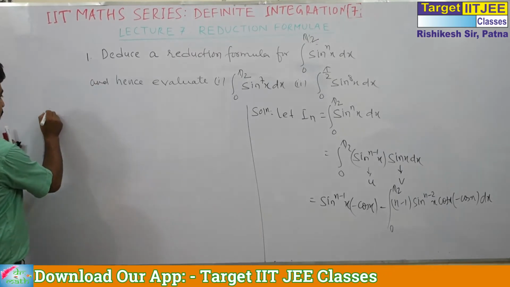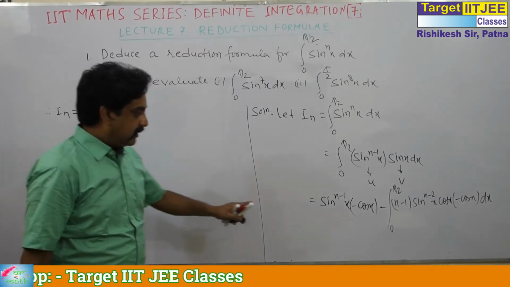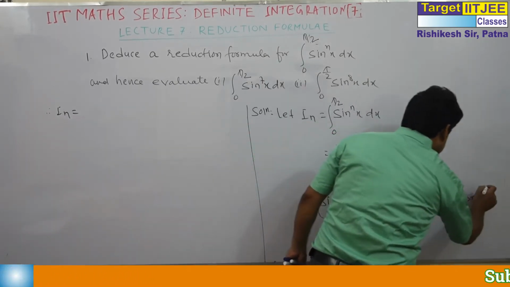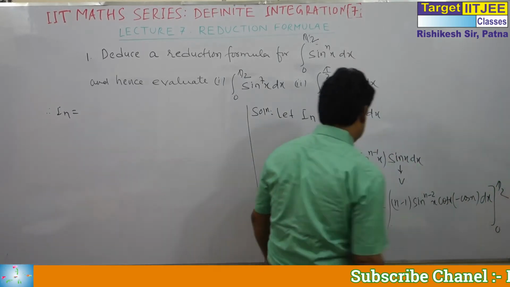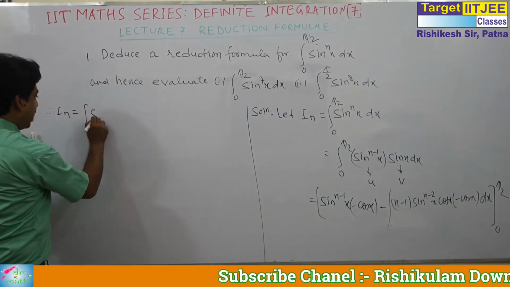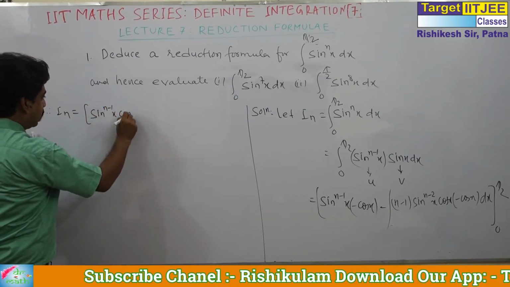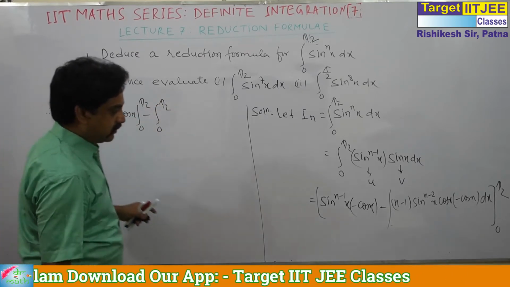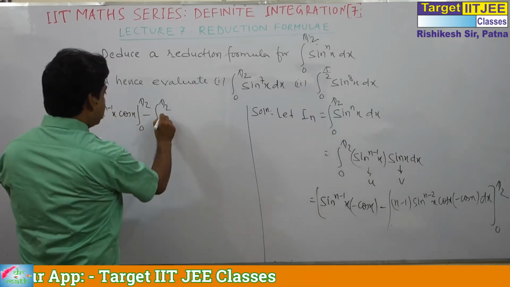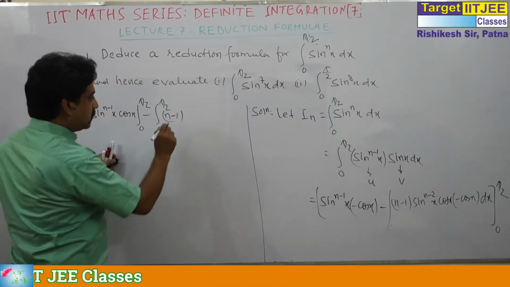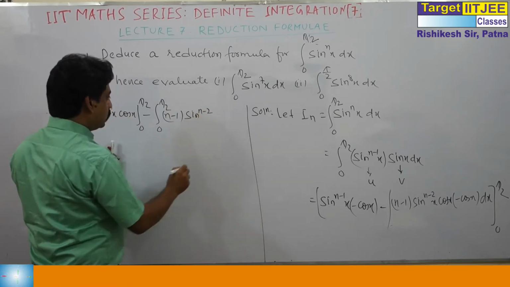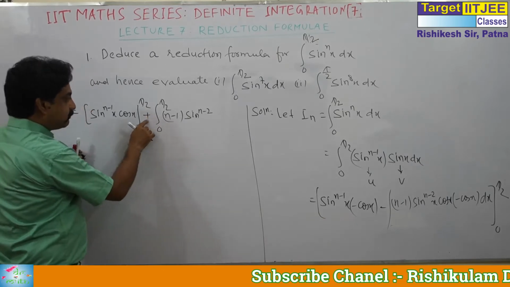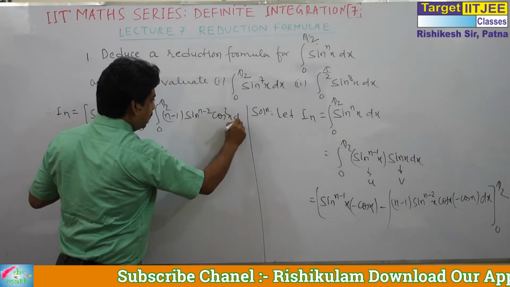Now, therefore, what is In? First of all, take this one, from 0 to pi by 2. This is sine to the power n minus 1 x cos x from 0 to pi by 2, minus the integral from 0 to pi by 2 of n minus 1 (I can take it outside, I will take it in the next step) sine to the power n minus 2 x, and this is minus cos square x, so this will become plus cos square x dx.